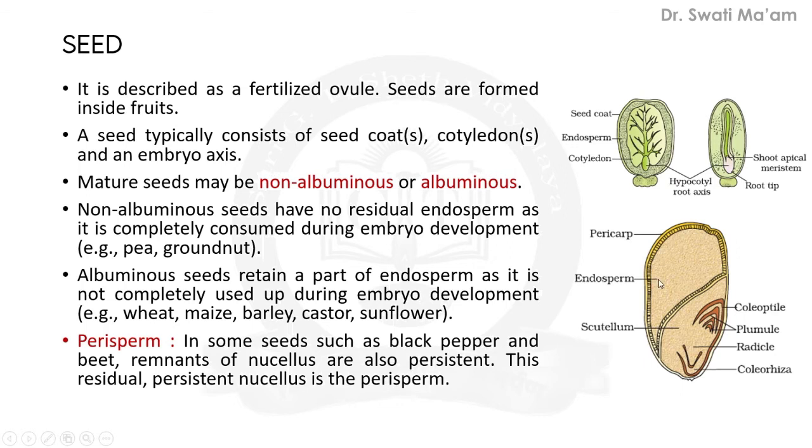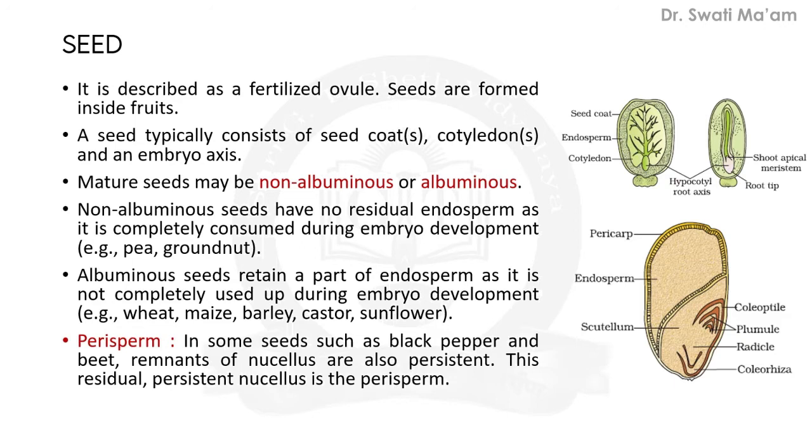Here in the maize seed, the endosperm comprises the maximum part, almost 2/3 of the seed, and in the upper seed the endosperm is very less as compared to other parts. Here the cotyledon is also present inside the seed.